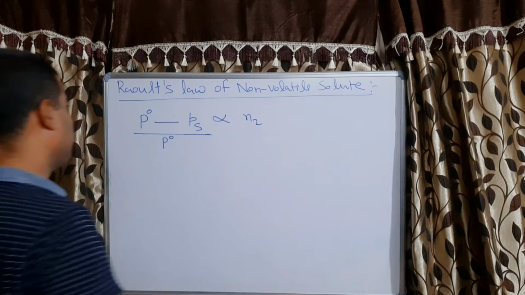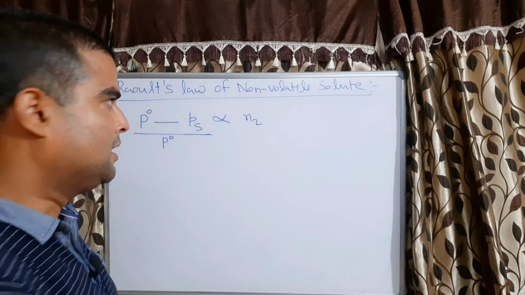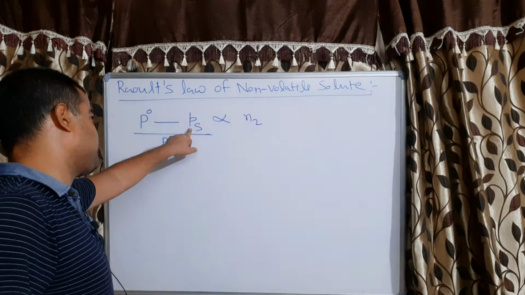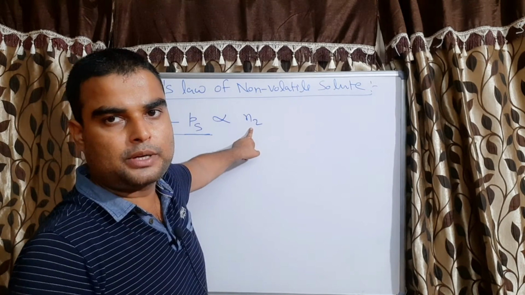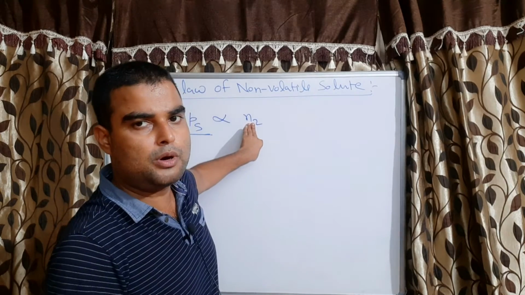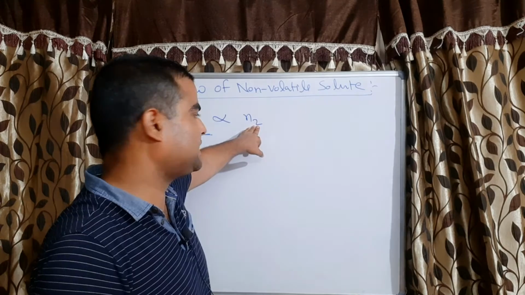So relative lowering of vapor pressure means this is a fractional value. Now when we take this lowering of vapor pressure in fractional value, then the number of moles of the non-volatile solute also we have to take in fractional value.